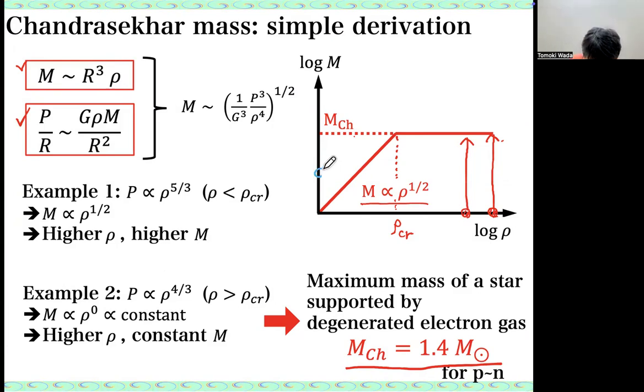For mass lower than MCH, there is a solution for densities here. But when mass is larger than MCH, there is no solution for density. It means there is no solution for these three relations, and this mass range is prohibited by these equations. This is the Chandrasekhar mass limit.